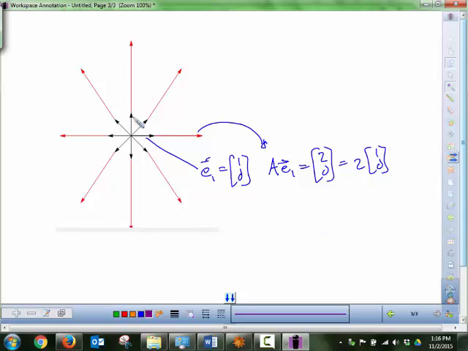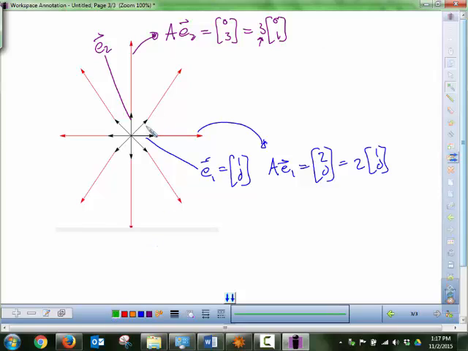And our second example, we got this one. This is your E2, and this vector over here is your A times E2, which is 0, 3. And we found this to be your other eigenvalue.